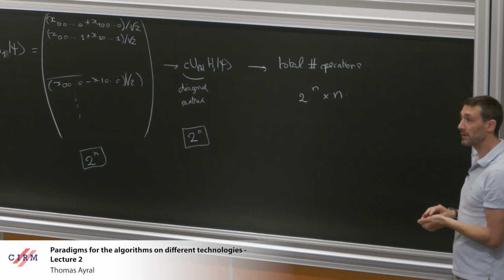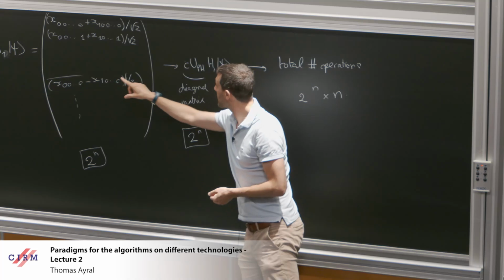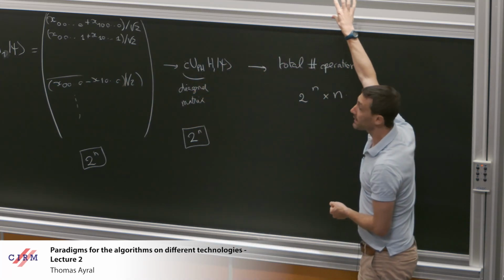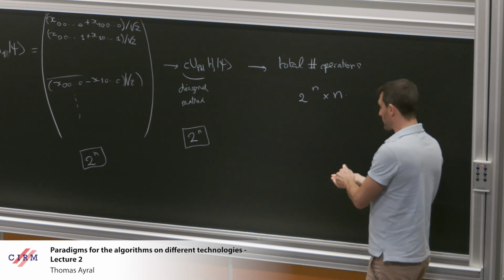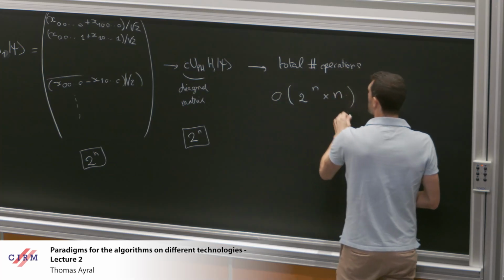Do you all agree with this? That I have to pay this price to do the Hadamard and the controlled operation, this is 2 to the n, and then I'm going to replicate this n times. Of course, it's all big O notation. I didn't work out the prefactors.